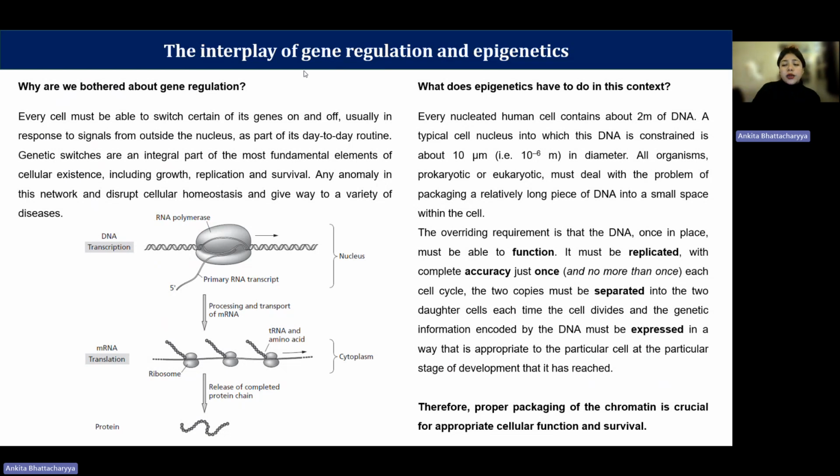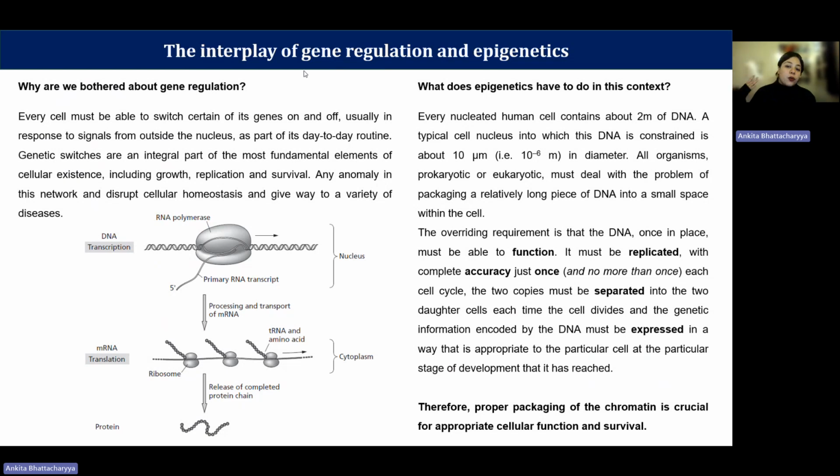So every nucleated cell contains about 2 meters of DNA, and that is an immense amount of information. Think of one cell as a computer system and think about how much information needs to be available in its random access memory, or RAM, so that it can be used as and when the cell requires it.